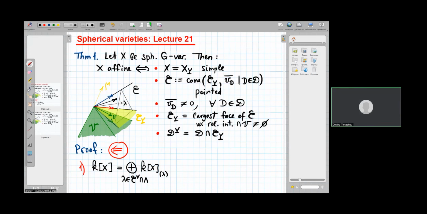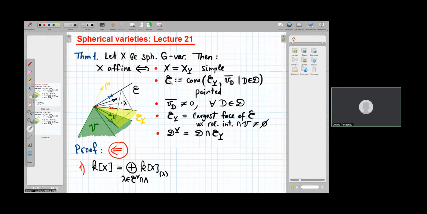So far, we use only the condition that this cone C is generated by all vectors corresponding to B-stable prime divisors, both colors and G-stable divisors, it doesn't matter. We just take for C the cone generated by all B-stable prime divisors.